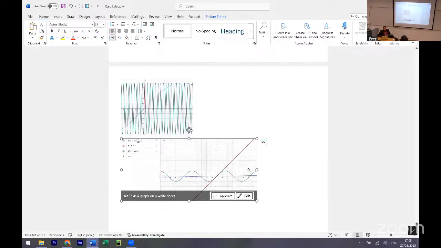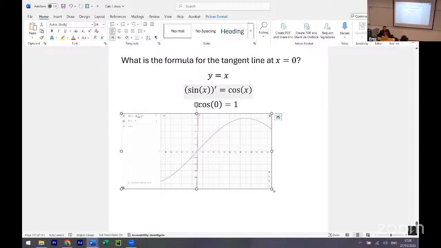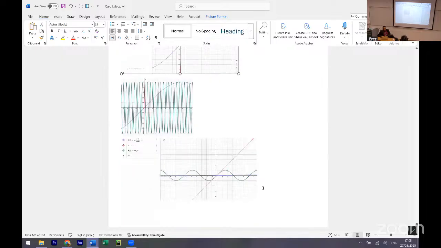You were differentiating sine of x as you learn in high school, and you learn that the derivative is cosine of x.